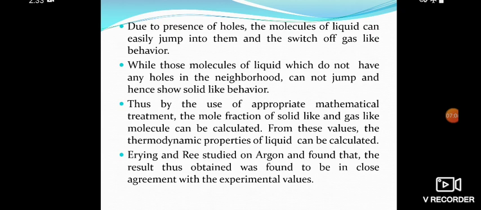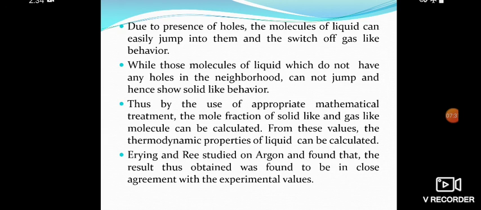Due to the presence of holes, molecules of liquid can easily jump into them and show gas-like behavior. While those molecules of liquid which do not have any holes in the neighborhood cannot jump and hence show solid-like behavior.